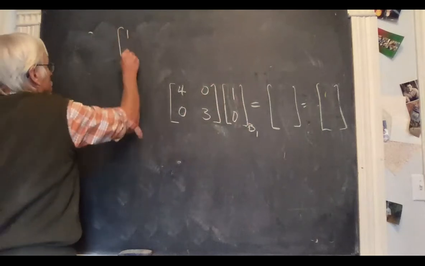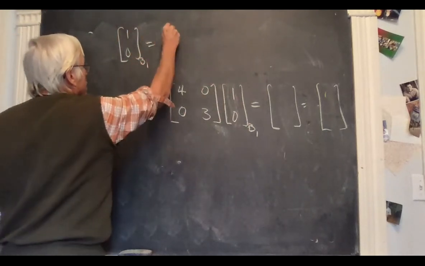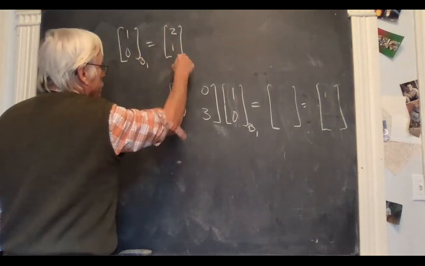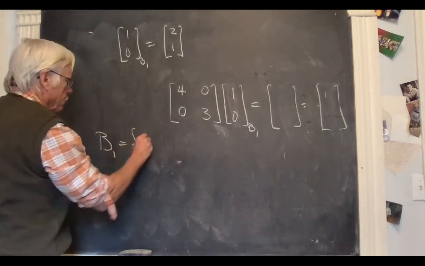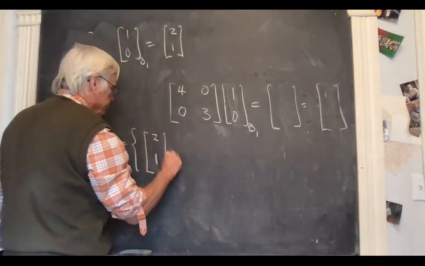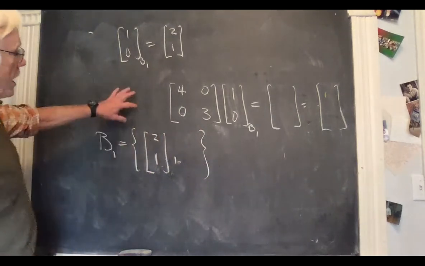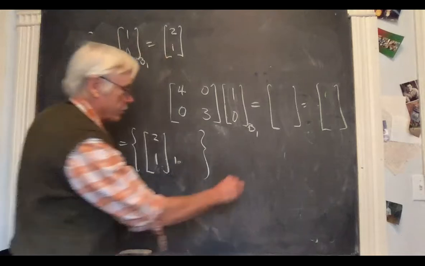Maybe 1, 0 is actually, in the standard basis, 2, 1. So the first element of B1 is 2, 1. If this is true, then you are not stretching in the x direction, you are stretching in this direction.